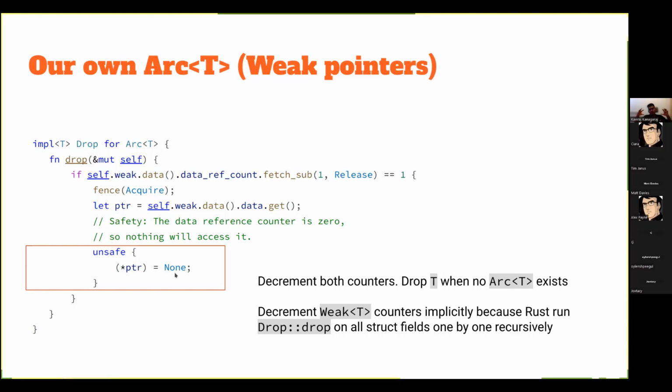Basically, the actual T you put into the Arc no longer exists. It's been deallocated. There can be Weak pointers still out there. Whenever you want to use the data in the Weak pointer, you need to call the upgrade method, which checks whether the data is None and then returns None.